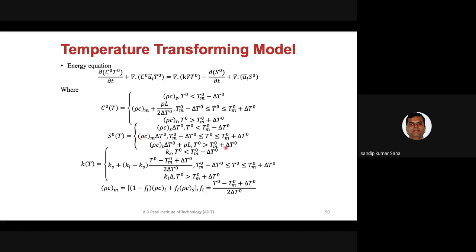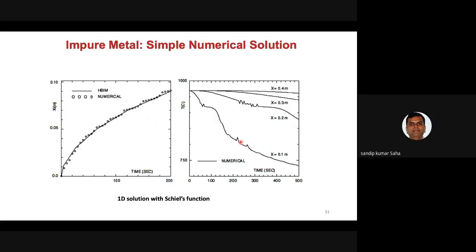If you really see, it's basically a sort of combination of the apparent heat capacity method and the enthalpy method. This is a mixture and is not very widely used, but still these are available.